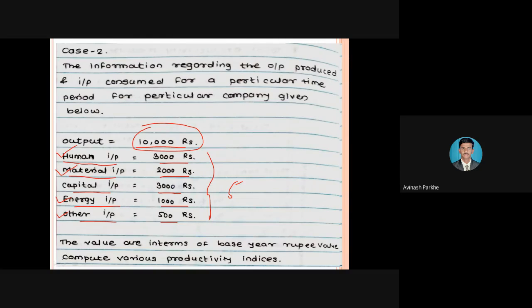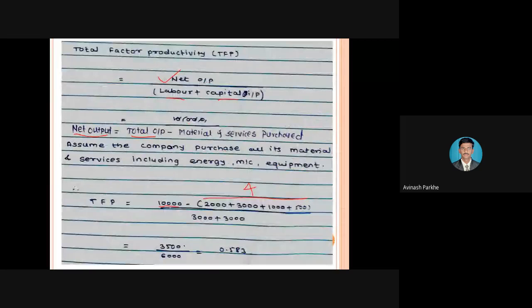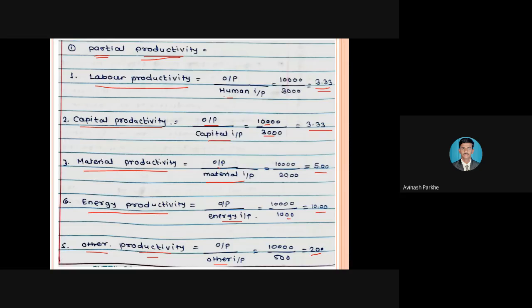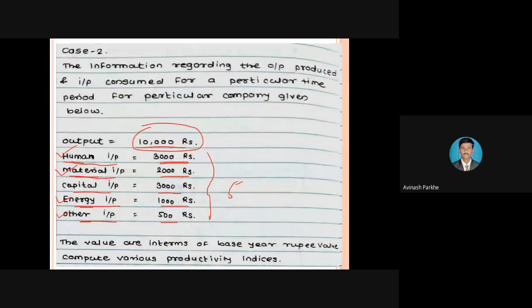That means from this 10,000 I have to subtract human input, material input, energy input, and other input, and from that subtraction I will get the net output. And this net output I have to divide by only 2 input resources, labor plus capital. The labor input is given, human 5,000, and the capital input is also given, 3,000.